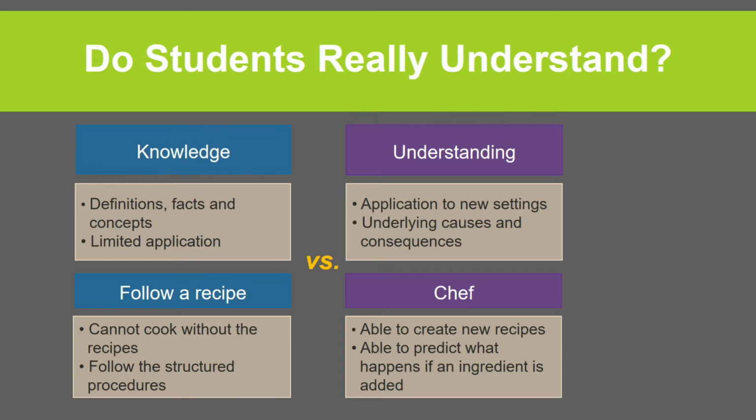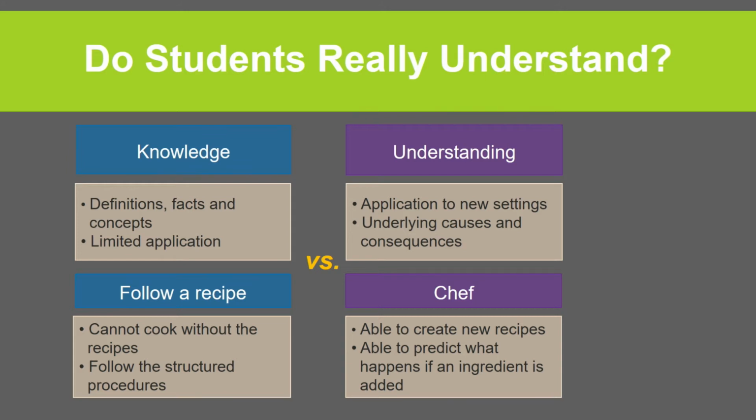This could be also looked at through the metaphor of a kitchen, if you will, or cooking. On the left-hand side, you'll see following a recipe is similar to knowledge, and this would be really outlining the steps and ingredients. You cannot cook without a recipe, and you focus on following the structured procedures.